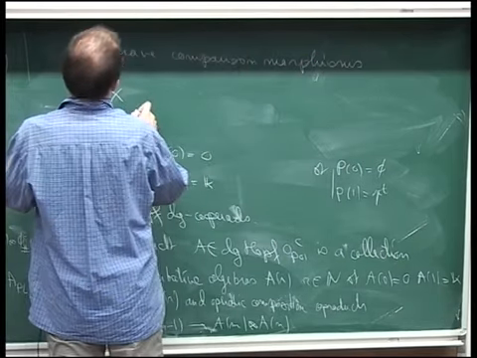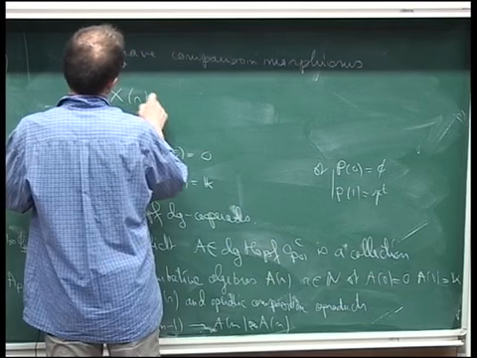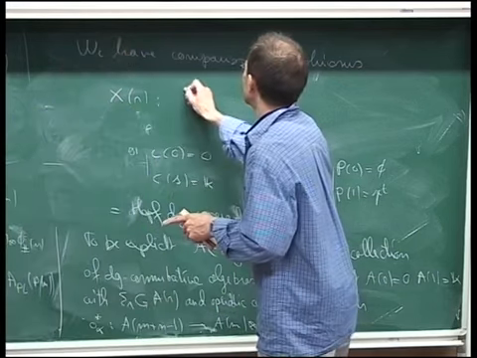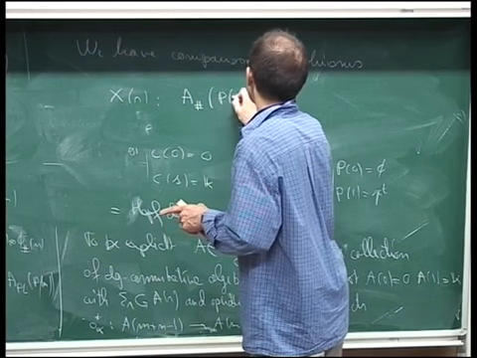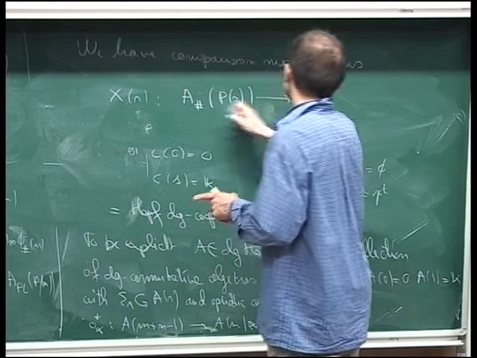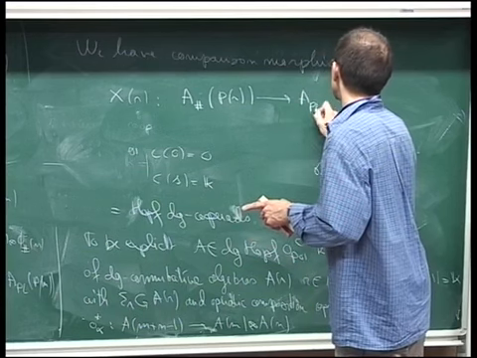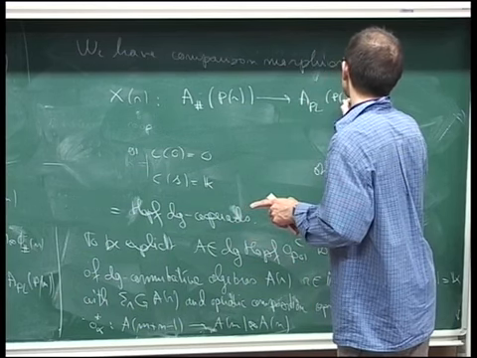I'm denoting them by chi. Here, and these go from A sharp of PR to APL of PR.